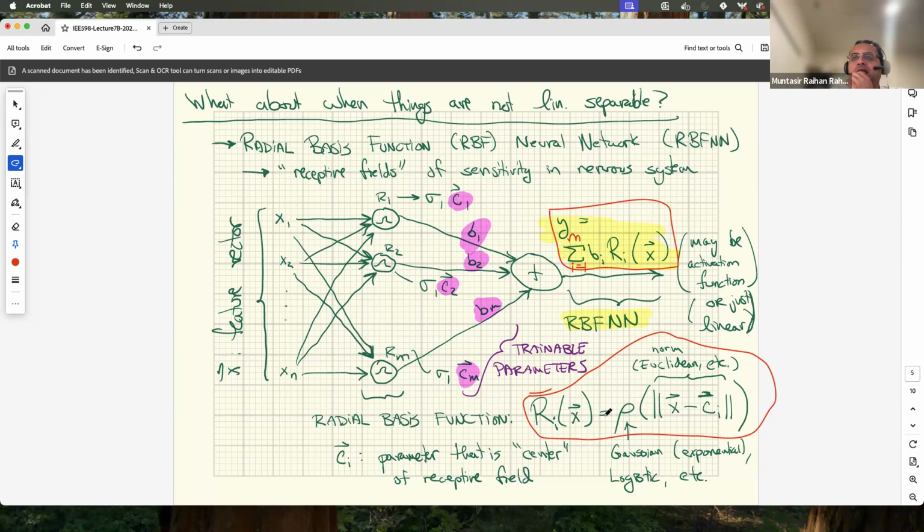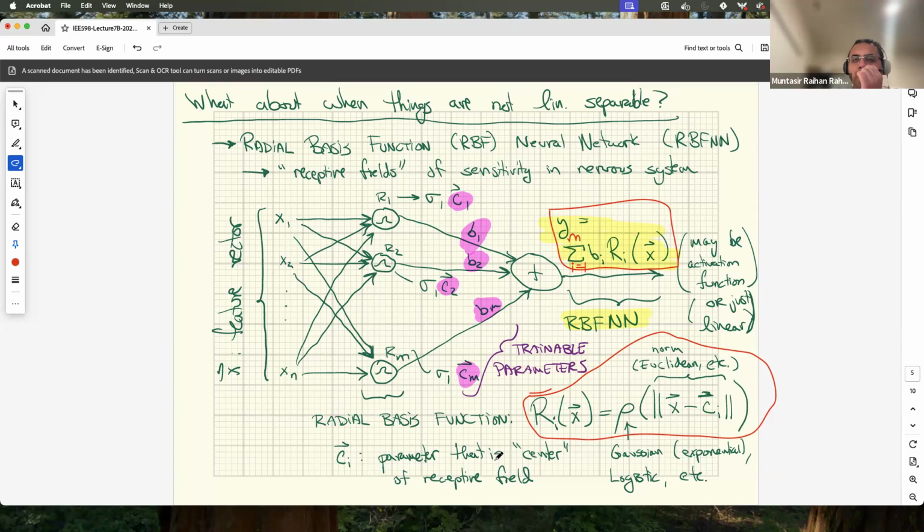And if it's far away, then it fires with a lower probability, or it doesn't fire at all, right? And then based on this, you can see that your input might belong to multiple classes, and then it fires based on which class it belongs to.